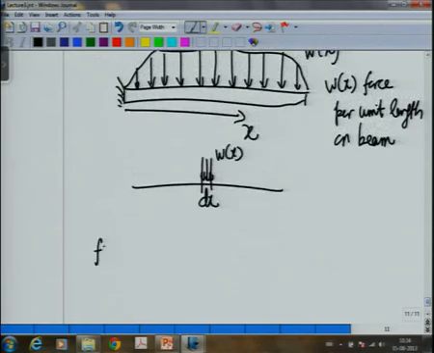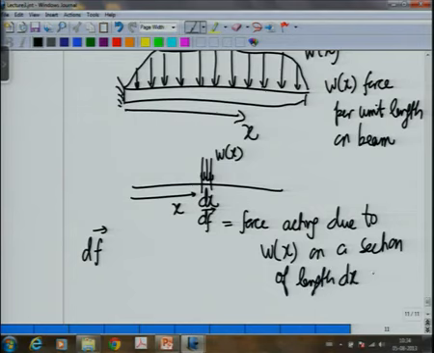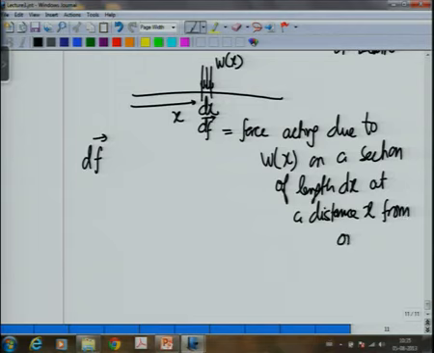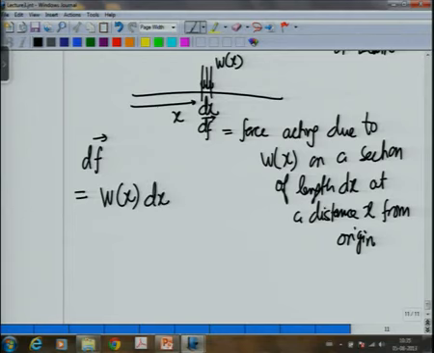So the force df acting on a section of length dx at a distance x from the origin, assuming W of x is all in the same direction, is W of x multiplied by dx.